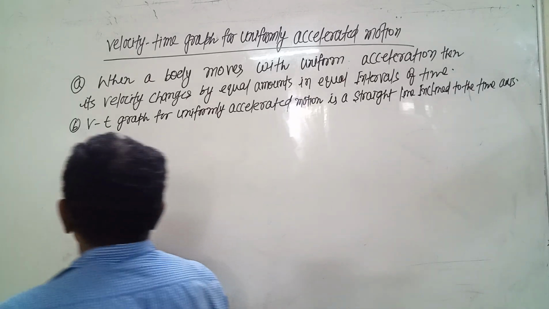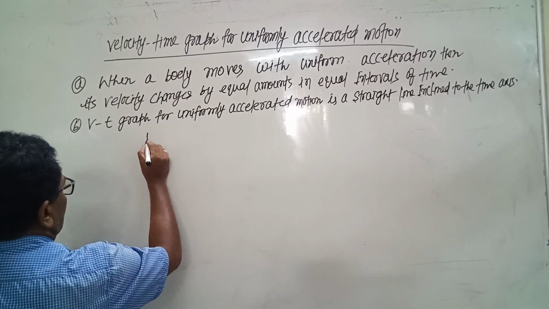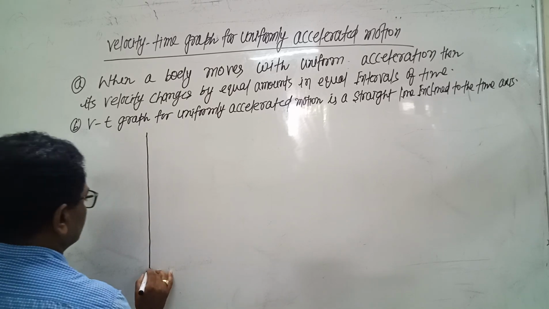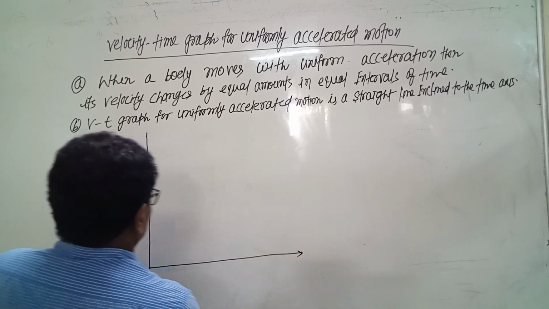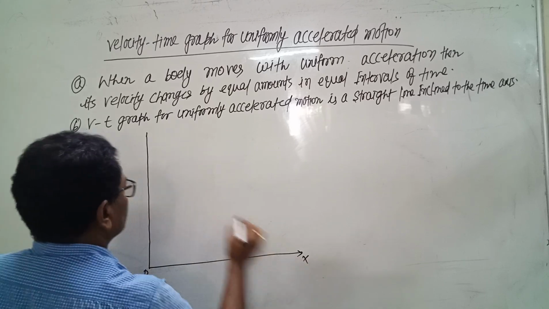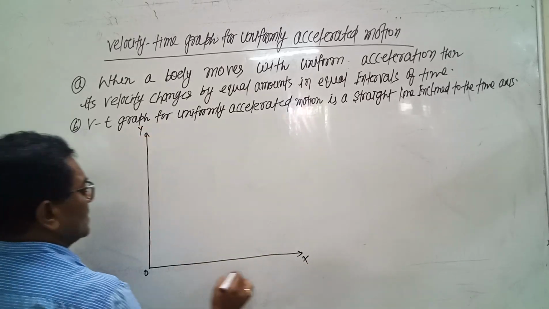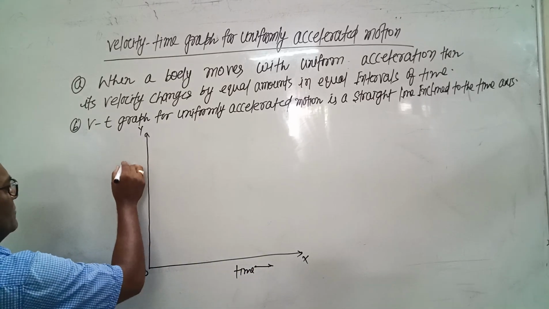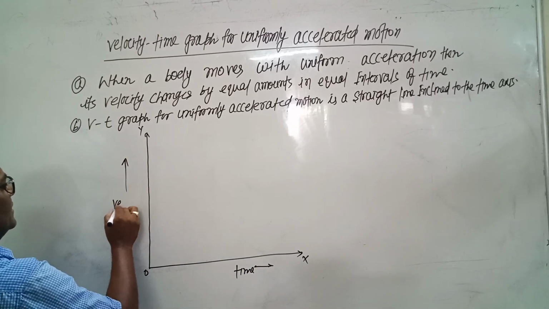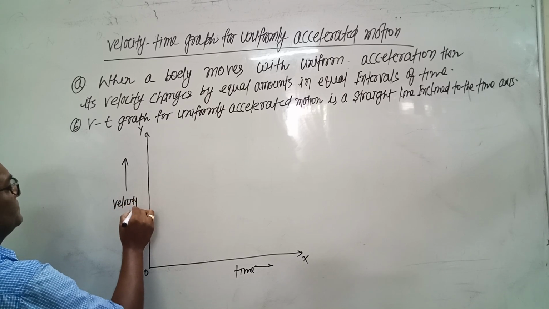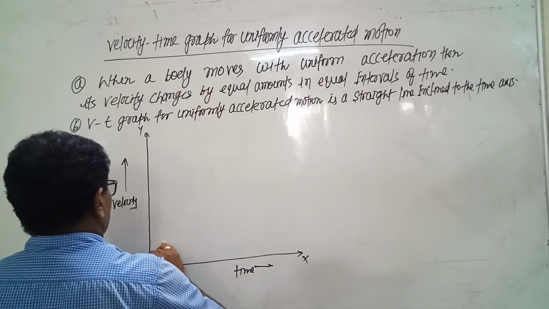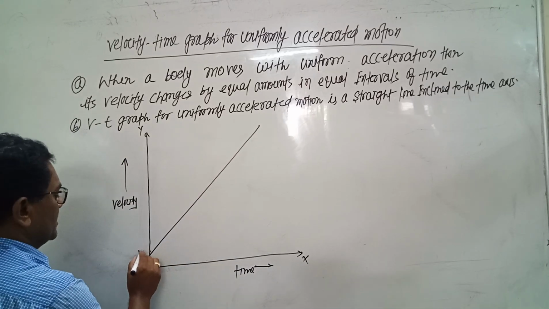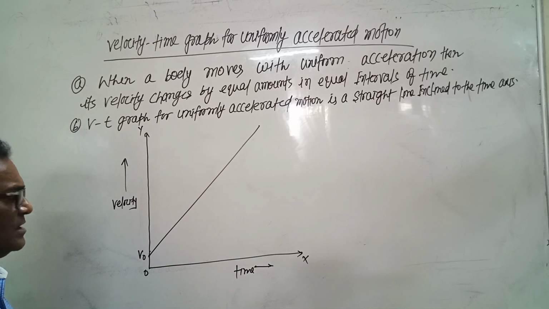Now let us see its graph. X-axis is the time axis and y-axis is the velocity axis. Particle started from a point where its velocity is v0.